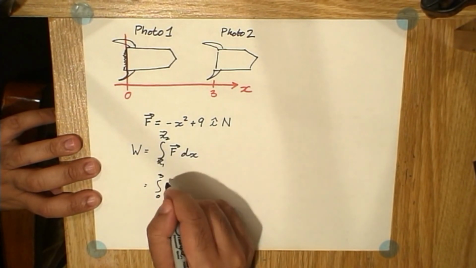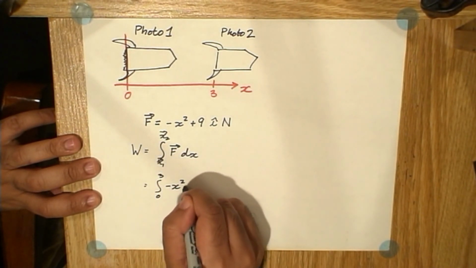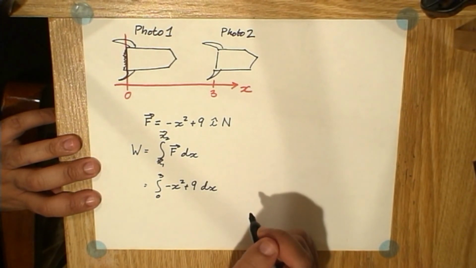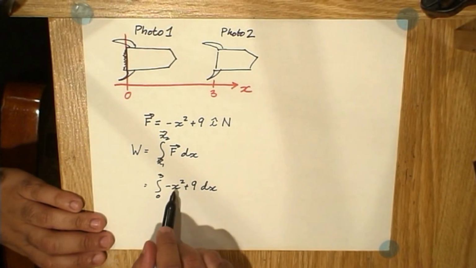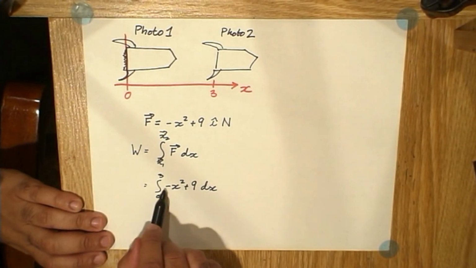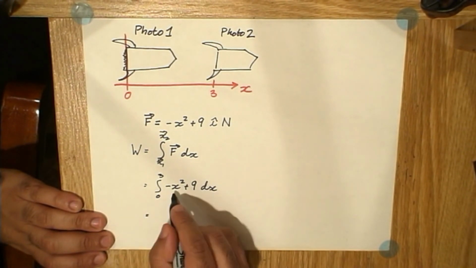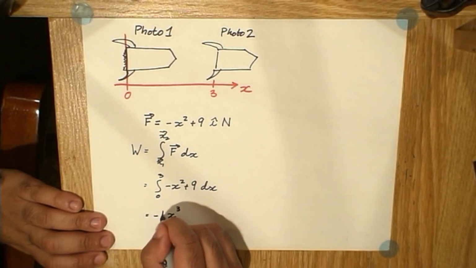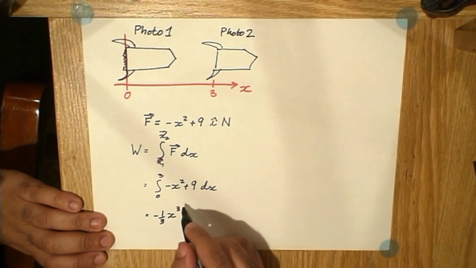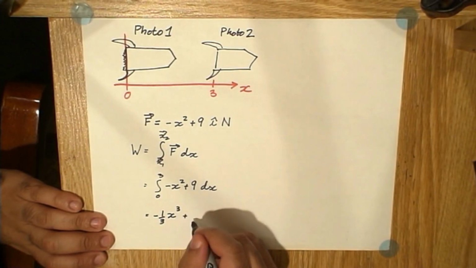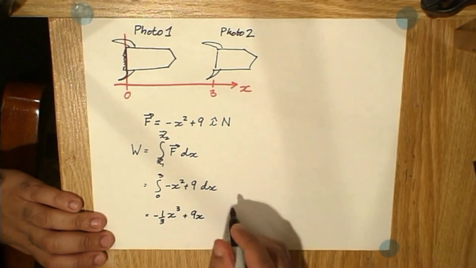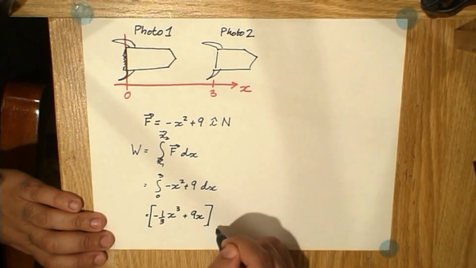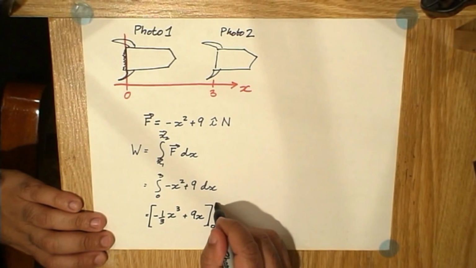The force is negative x squared plus 9 dx. So we just need to integrate this expression over here. Negative x squared is going to turn into negative 1/3 x cubed, and the plus 9 is going to turn into 9x. And this whole thing needs to be evaluated from 0 to 3.